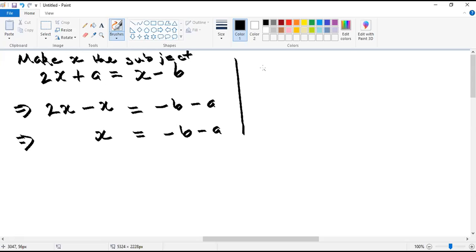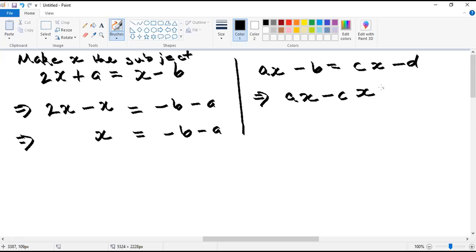So this one is sort of similar. So ax minus b equals cx minus d. So again, we group the x terms. We have minus d, then this time plus b. That b is not the prettiest, but fine.